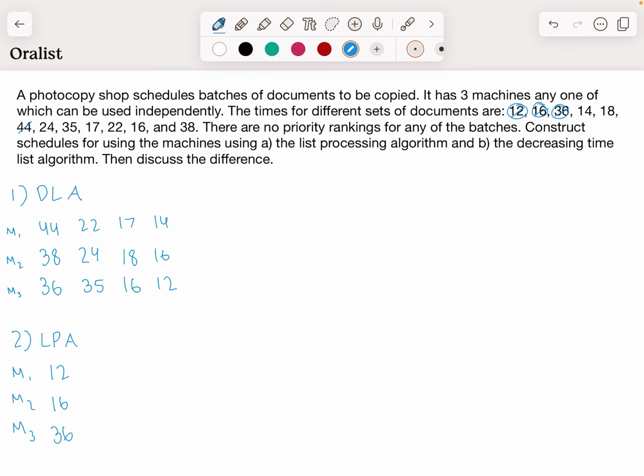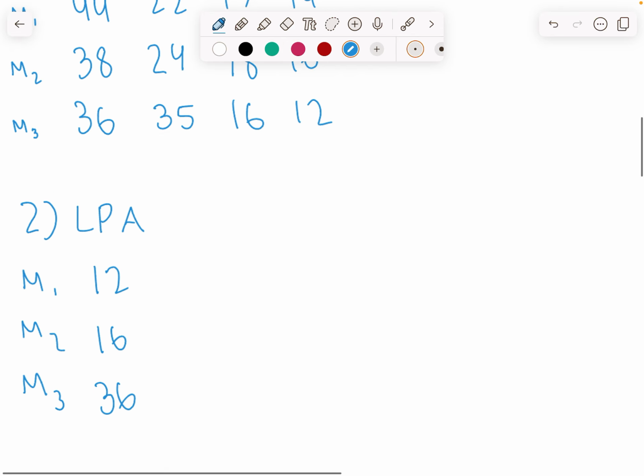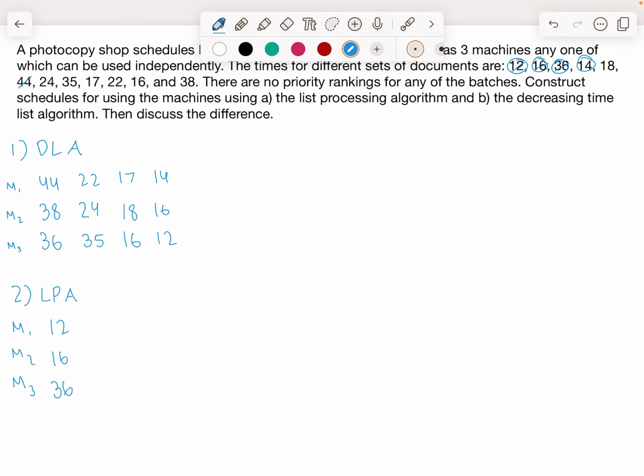Now, as we are moving on to the next time value, which is 14, let's see which of the machines is going to be done the quickest because it has the lowest value. Clearly, that is going to be 12. So we can incorporate the 14 minutes after 12. And then we have 18, which will be after 16.